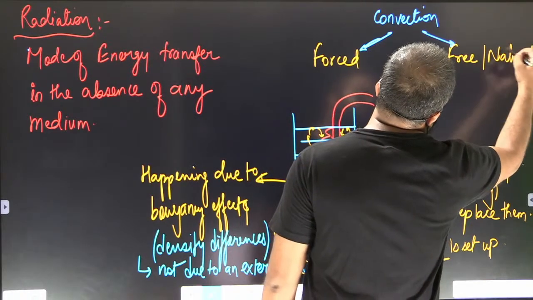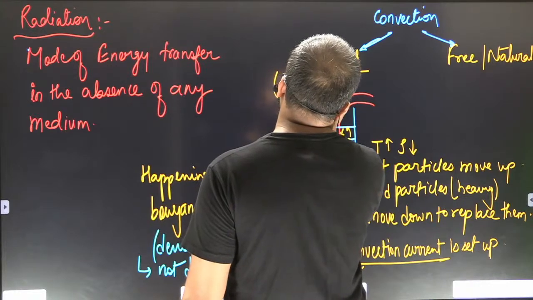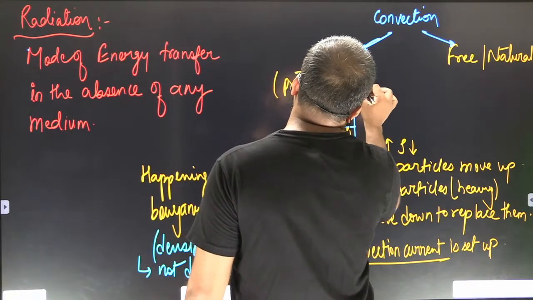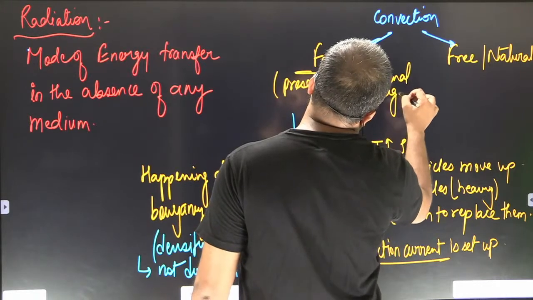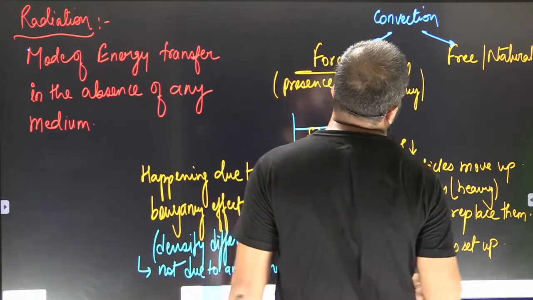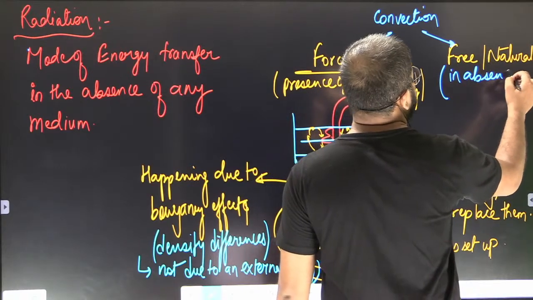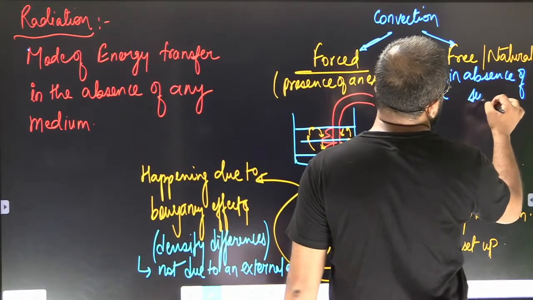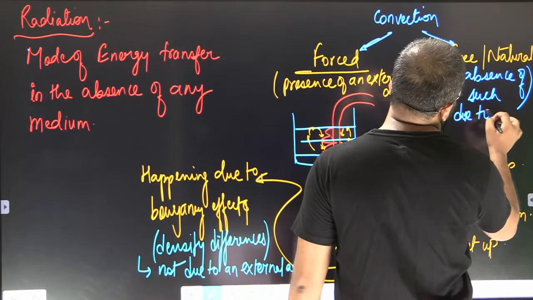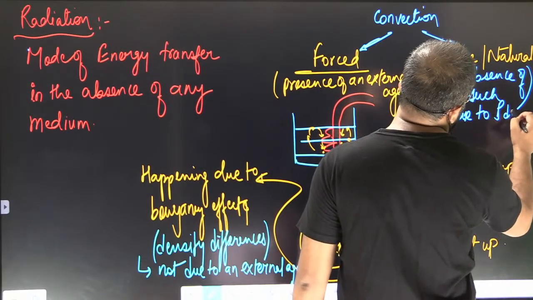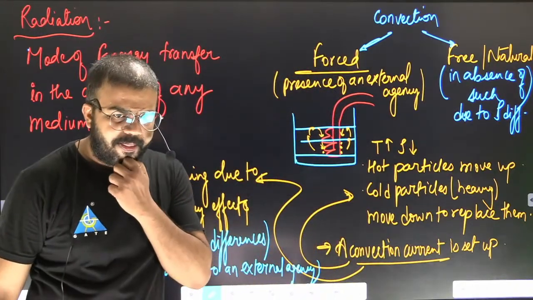So what's forced convection? In the presence of an external agency like a fan and all, external fluid flow is required. In the absence of such, and due to density differences, buoyancy effects, now understood, Sumit?